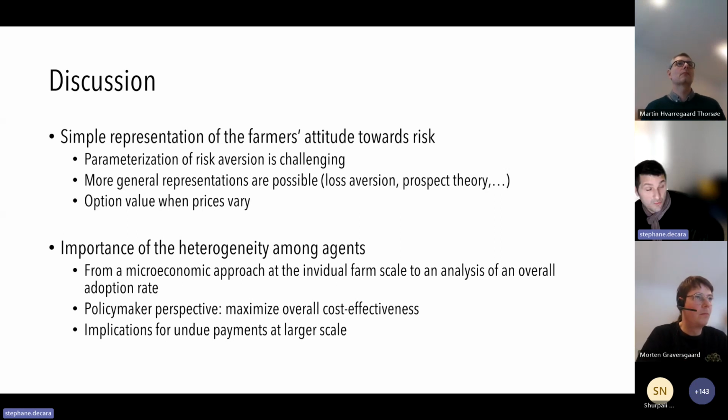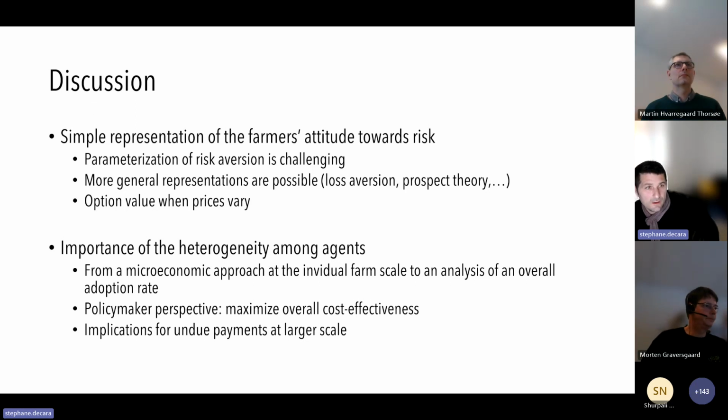If I ask you what's your risk aversion parameter, I'm not sure you would be able to answer right away. I wouldn't be myself. It's possible to have a more general representation of this, but still, I think the main mechanism at play is captured by even a simple model here.